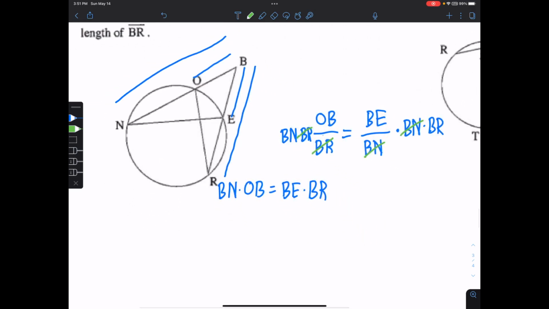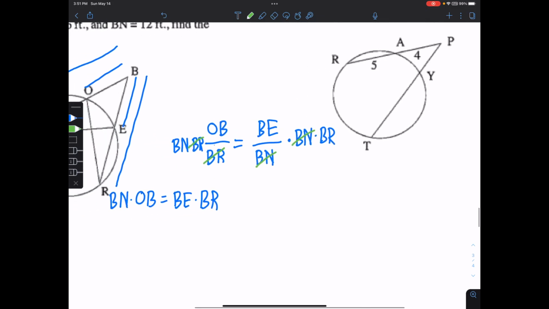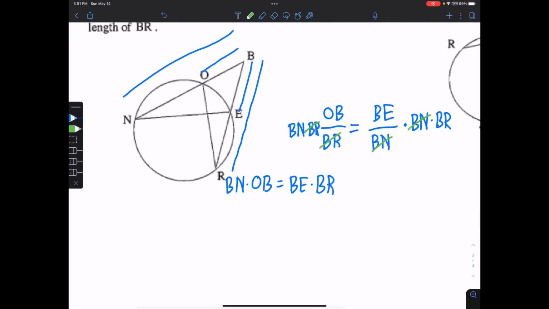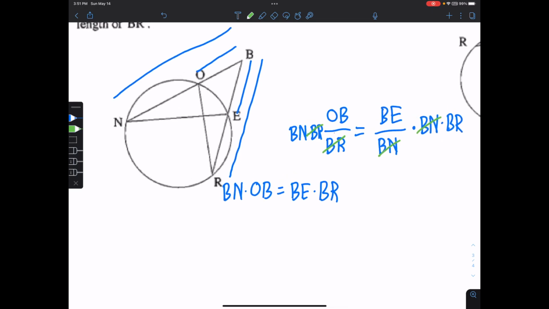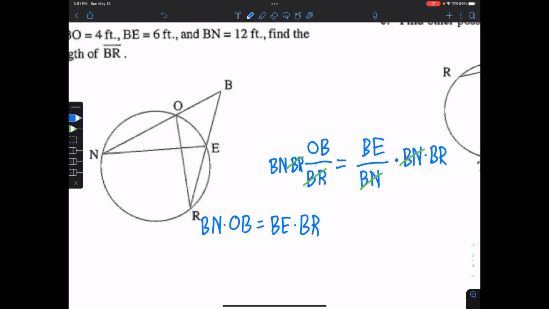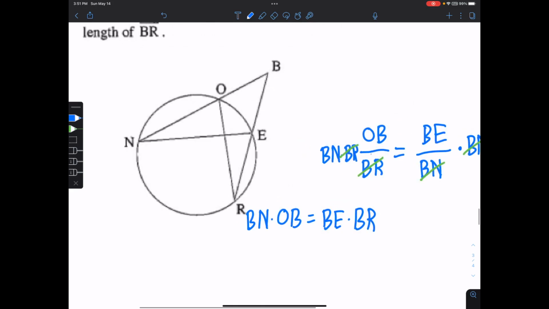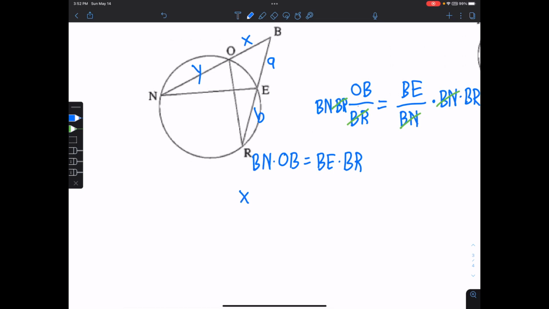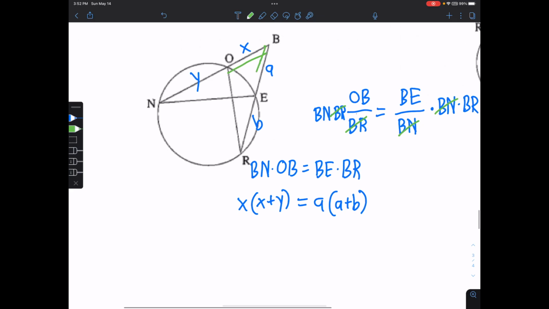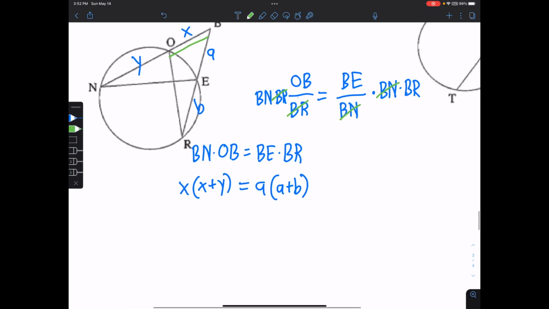And they're both on the same side, right? And so here we can find the generalization. If we call this x, y, and then a and b, we get that x, the small side, times x plus y, this entire side, is equal to a times a plus b, this small side and this very long side.